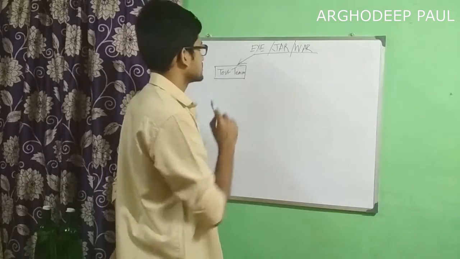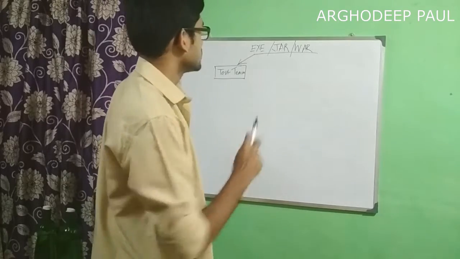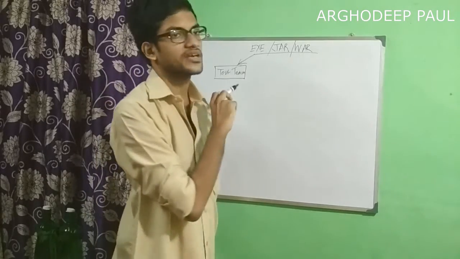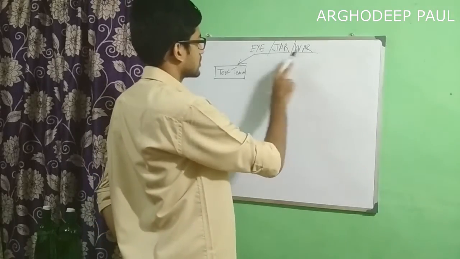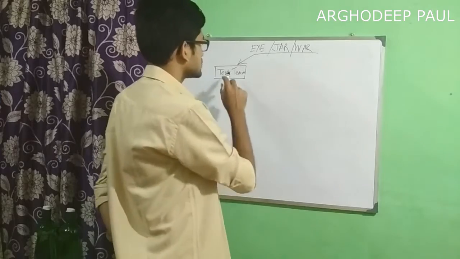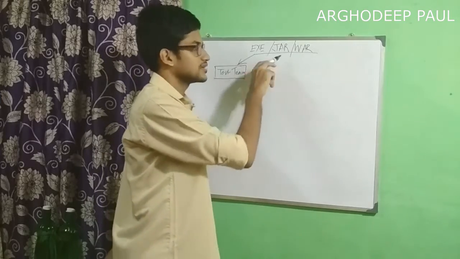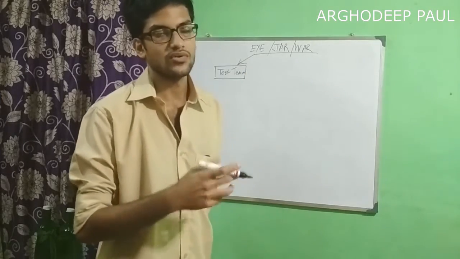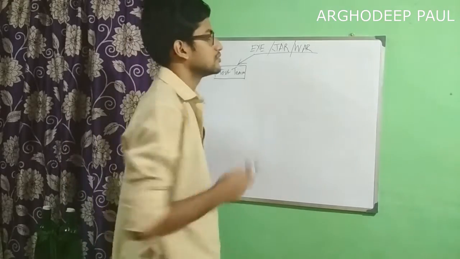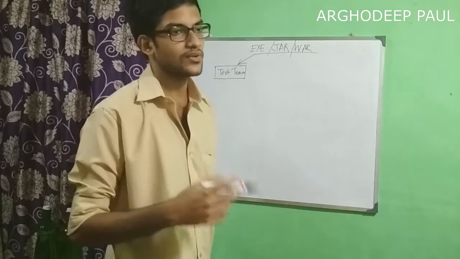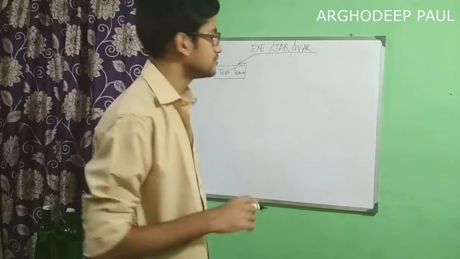So the actual build file, the first working module, which is also known as the prototype, will be an input to this team. Now they will handle that working model.